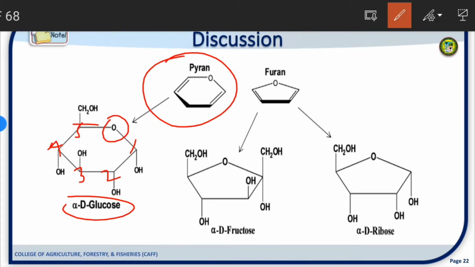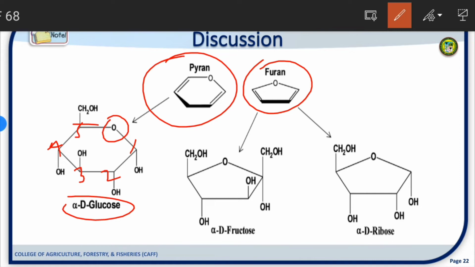That is why I have mentioned earlier that pyranose is a 6-membered ring, 5 of which are carbon atoms and 1 oxygen atom. Now look at the furanose. Furanose only contains 5 members, or it is a 5-membered ring.